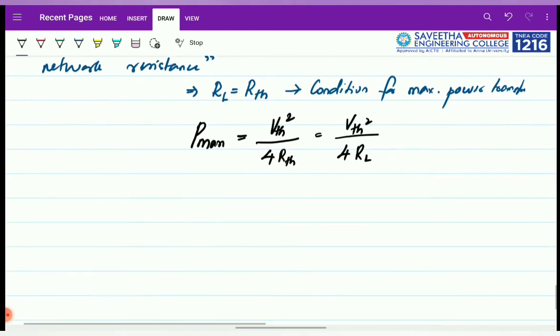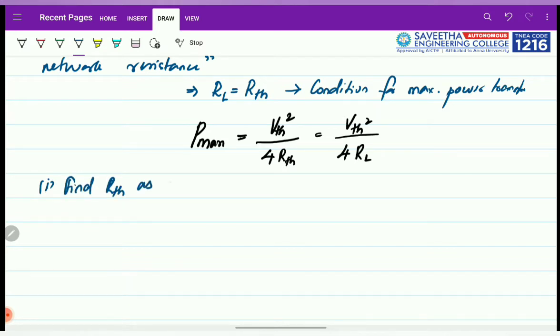The two steps required are: the first step is very simple, you need to find the RTH value, the same as the procedure in Thevenin's theorem.